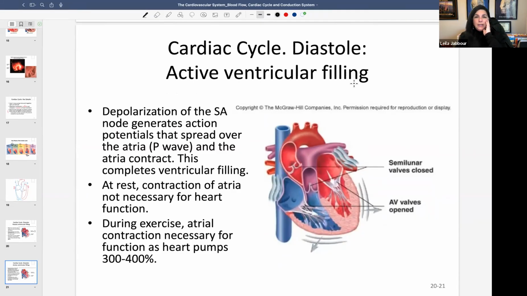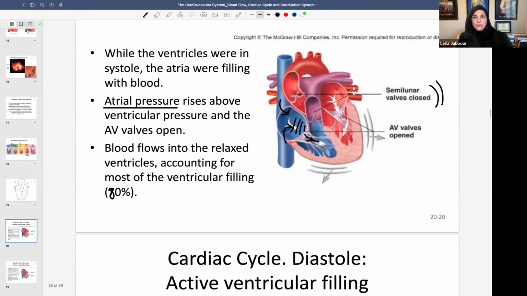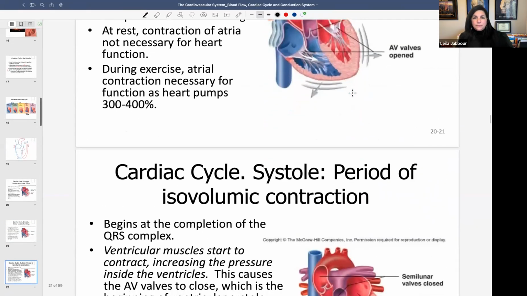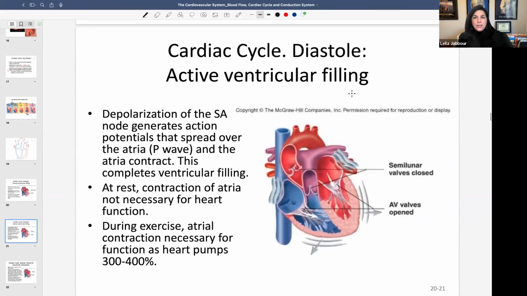So the active ventricular filling is the second phase of that ventricular filling. We had the passive ventricular filling. This is the active ventricular filling. This is when we have systole. I don't know why there's the word diastole here.